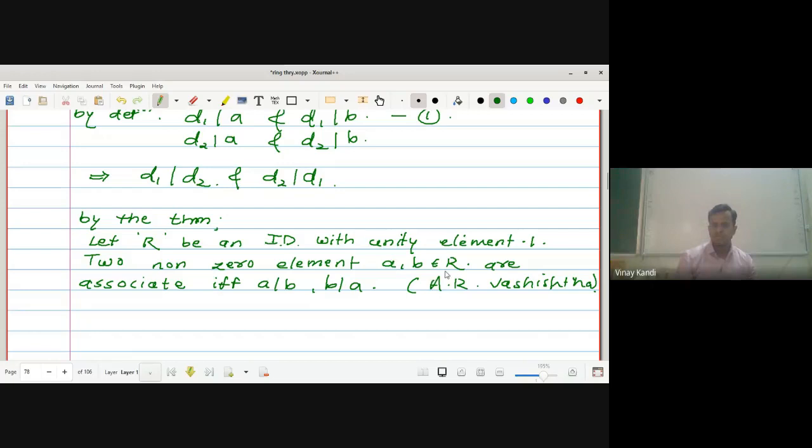Now A and B belonging to R are associates if and only if A divides B and B divides A. Here D1 divides D2 and D2 divides D1. Hence D1 and D2 are associates.